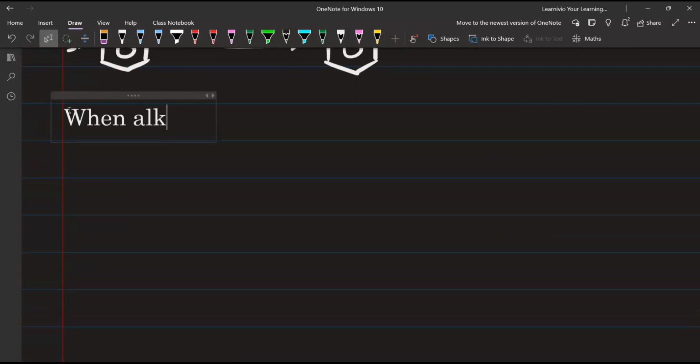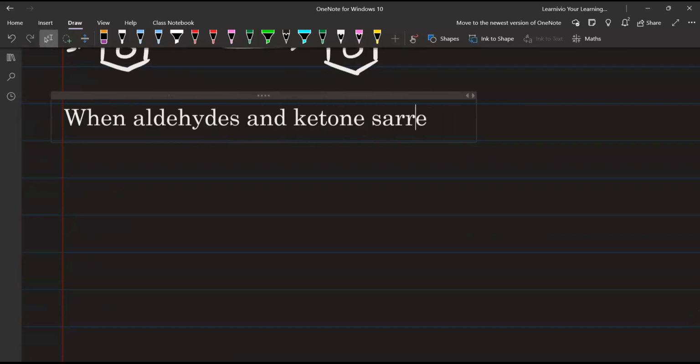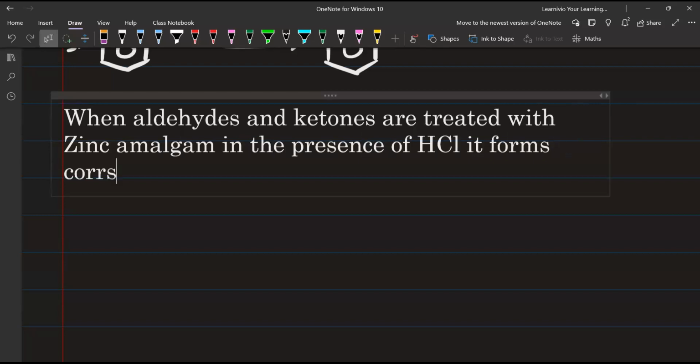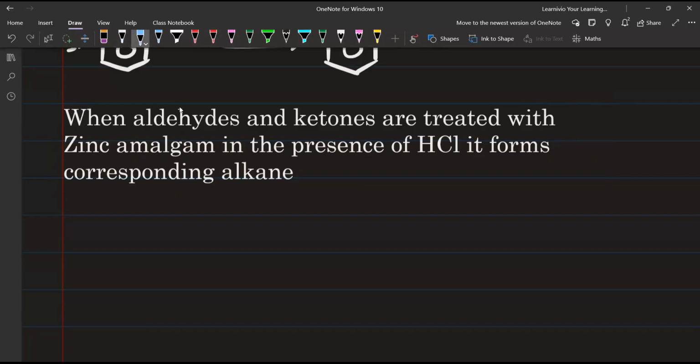When aldehydes and ketones are treated with zinc amalgam in the presence of HCl, it forms the corresponding alkane. After this, write the B part, that is Wolff-Kishner reaction.